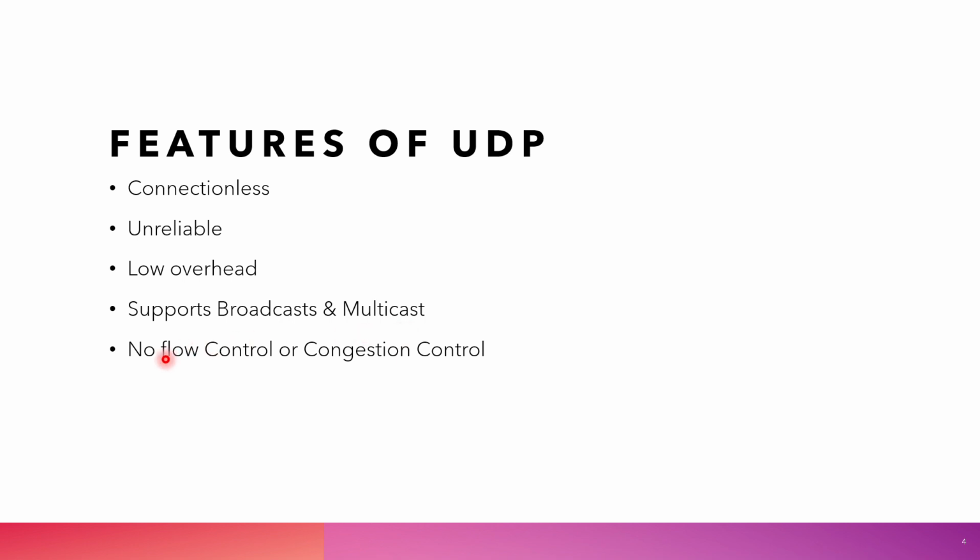There is no flow control or congestion control. As I said earlier, datagrams in UDP can be transferred through multiple paths over the network. Hence, there can be a possibility of congestion, but there is no flow control or congestion control. The sender transmits the data without adjusting to the network condition.